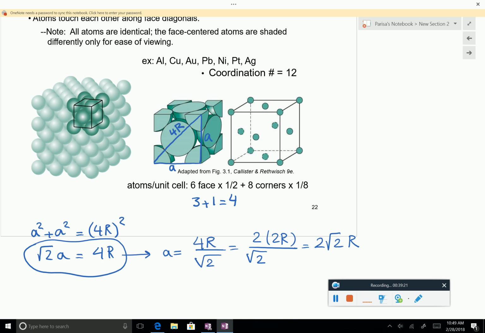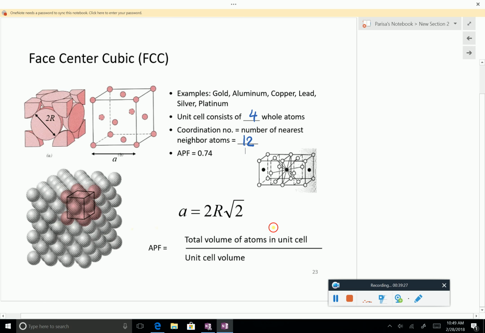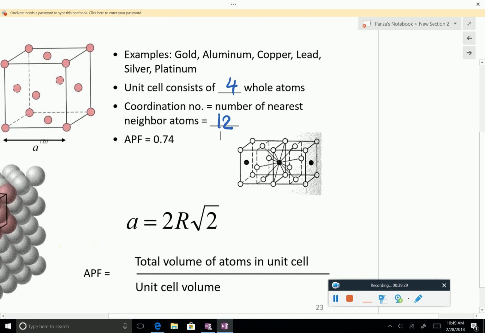One other question, which is a good question. For coordination number, if you want to visualize why it is 12, I think this should be helpful. Take any atom, let's say one on the face, then you can see there are 4 around, 4, 4.